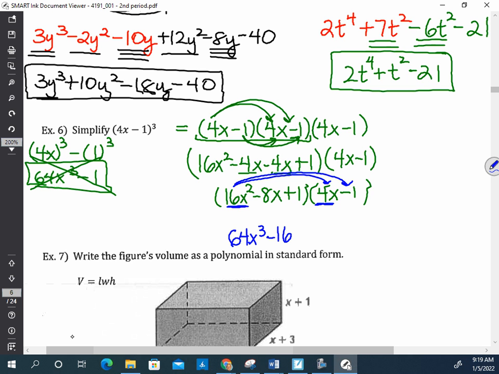Negative 16x squared. Now go to negative 8x. Negative 8x times 4x, negative 32x squared. And then negative 8 times negative 1, plus 8x.